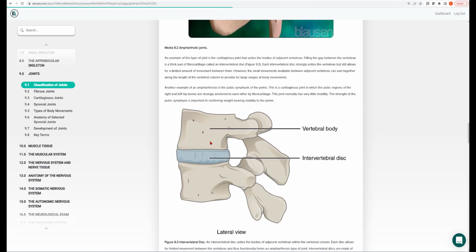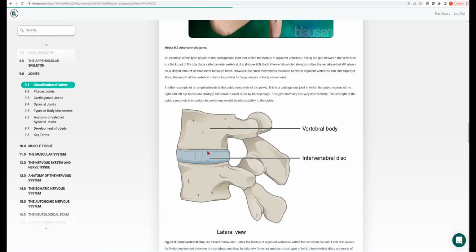So you know that the bodies of the vertebra are separated by an intervertebral disc. That disc is largely composed of fibrocartilage, a very weight-bearing, tough, fibrous type of cartilage. And every day as you walk, these intervertebral discs actually get a little bit squished.